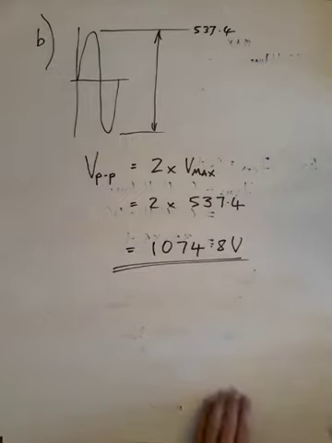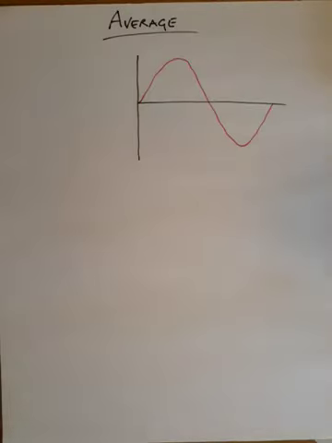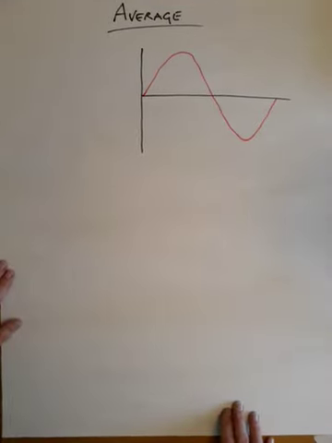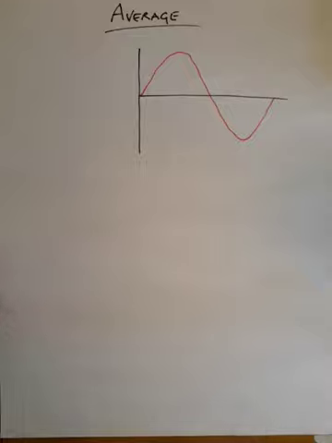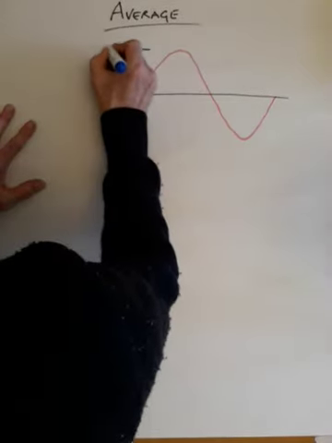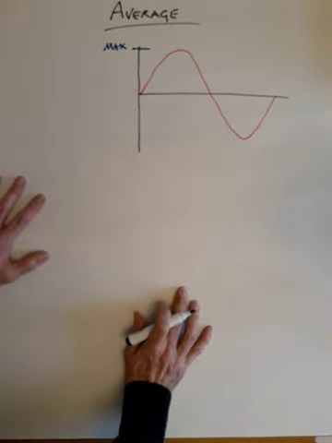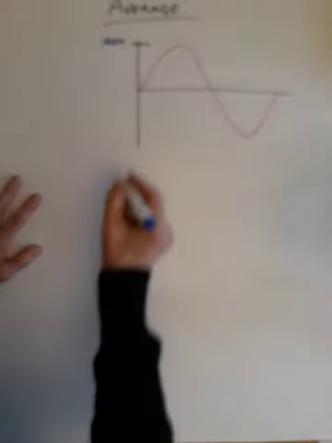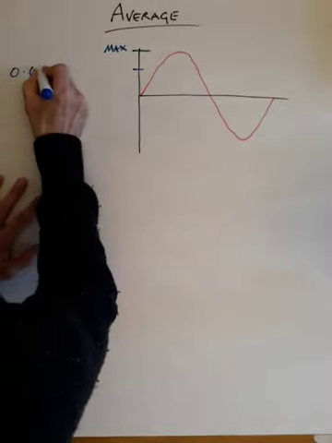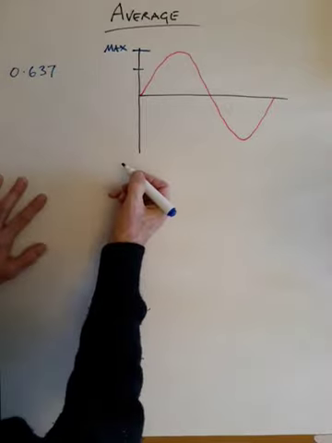So that was RMS. Let's have a look at average. So average values, we're going to follow exactly the same routine as we've just done. The only thing that changes is the numbers. So once again, here is the maximum. And the key figure for you to remember is 0.637.